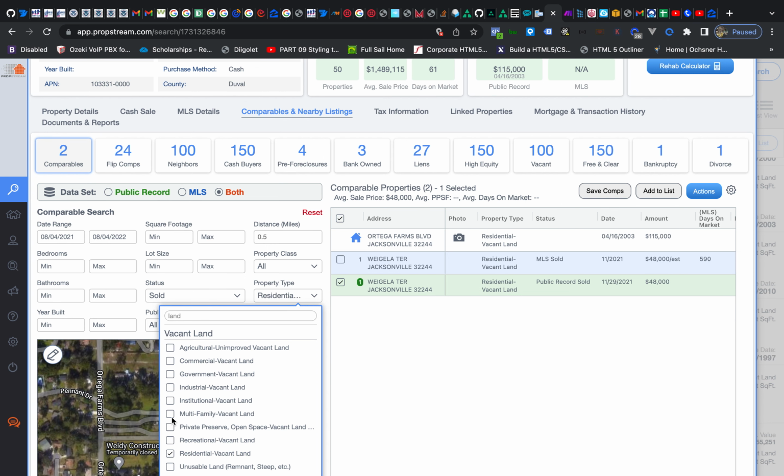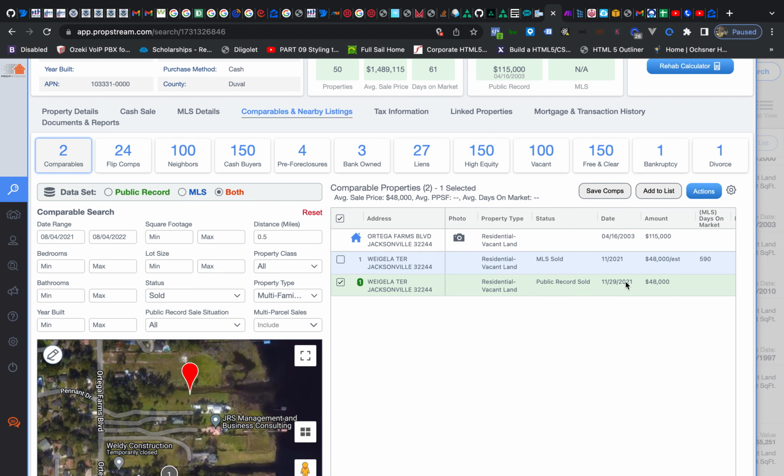And then we also want to put multifamily vacant land. All right, so in 2021, this one was sold for, yeah, that's not a good example. It was 15,000 square foot, was sold for 48 grand.